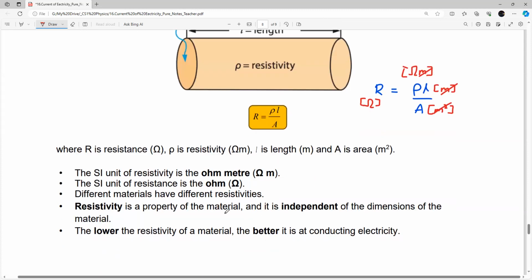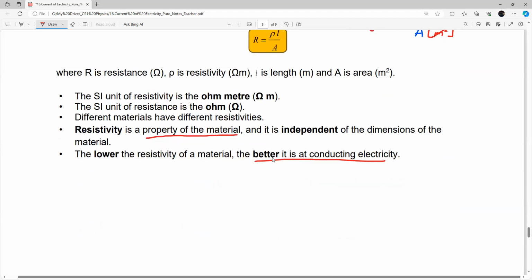Resistivity is independent of the dimension of the material, and it is the intrinsic property of the material. So for example, gold and silver have low resistivity, which means they are better at conducting electricity. So to have a good iPhone charging cable, you want resistance to be as low as possible.